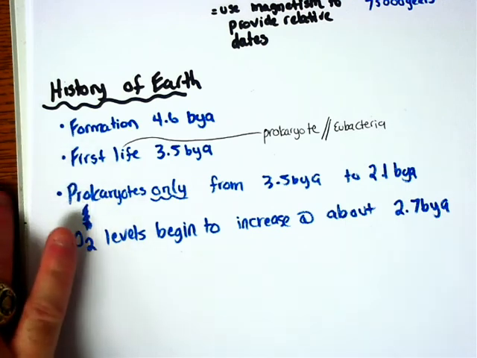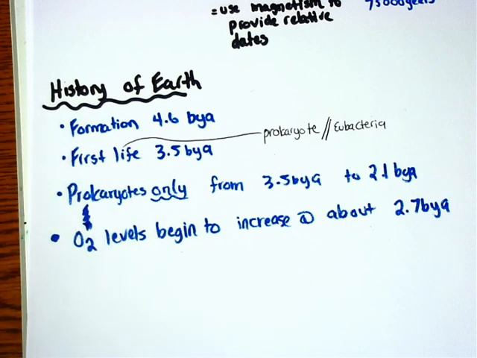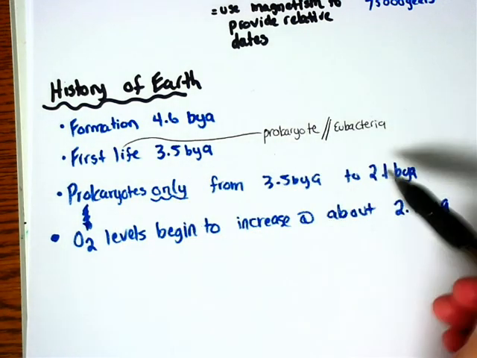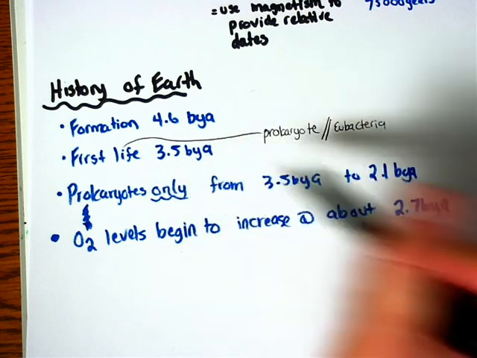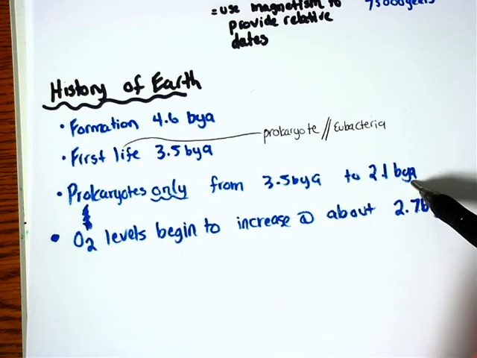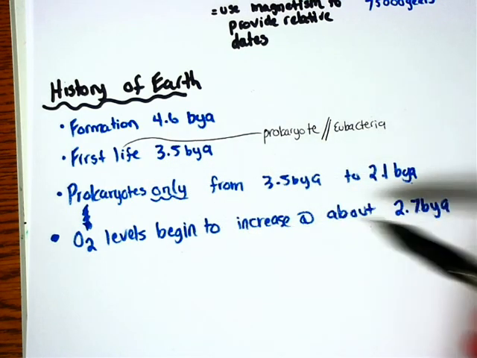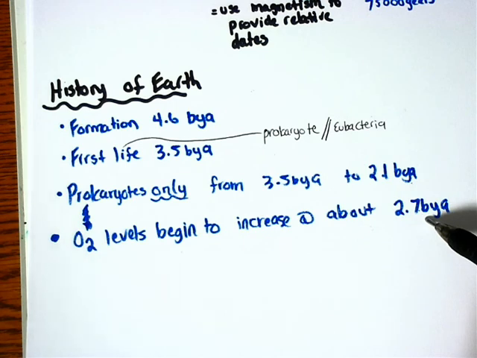Now, how could oxygen increase to such a degree? Where's that coming from? Where's our oxygen coming from today? Plants. But at this time, 2.7 billion years ago, it was only prokaryotes, right? So oxygen began to accumulate at a time when plants weren't around.